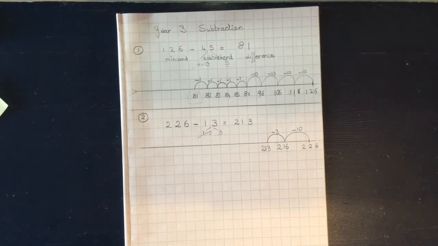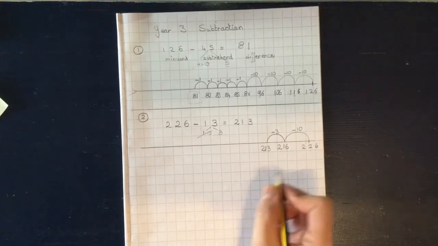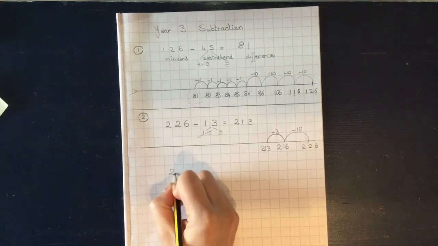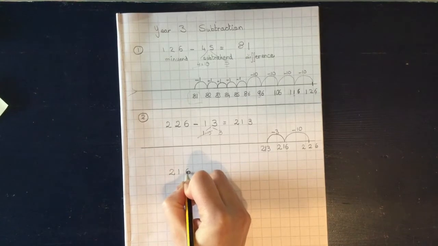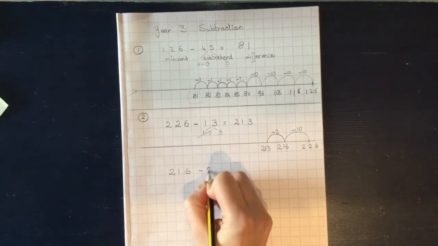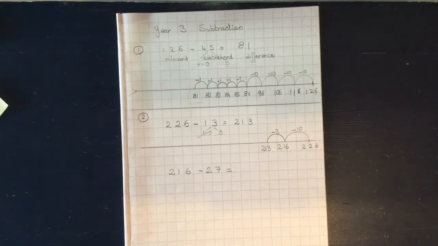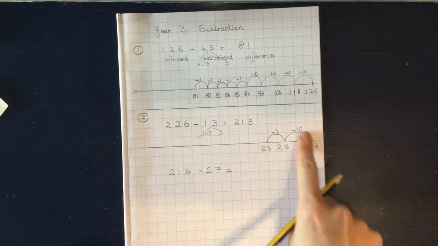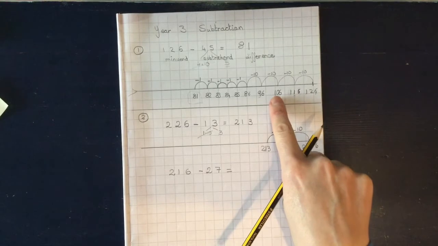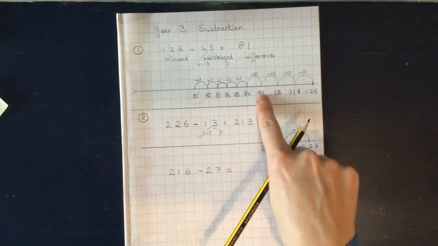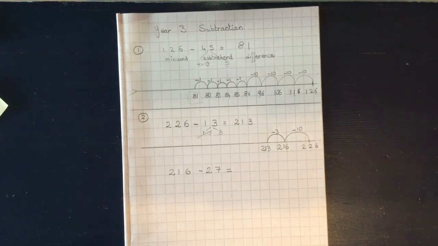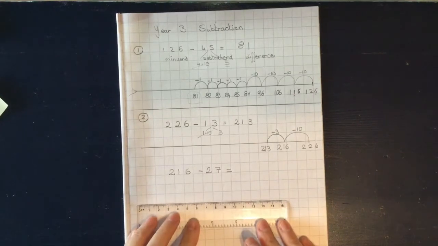We can also have examples such as 216 take away 27. And here, if we want to do efficient jumps, we need to make sure that we don't fall into this trap. So let's try.